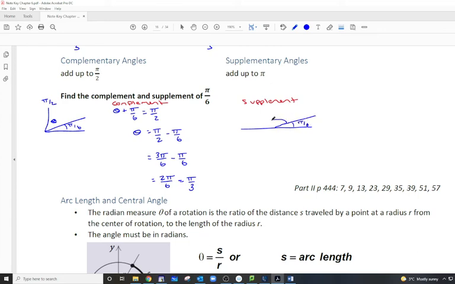I want to find an angle theta that adds to pi by 6 to give you pi, or 180 degrees. In other words, theta plus pi by 6 is going to give me pi. So to find theta, I'm just going to do pi minus pi by 6. I'm going to create a common denominator, so 6 pi by 6 minus pi by 6 simplifies to 5 pi by 6. And that's it.